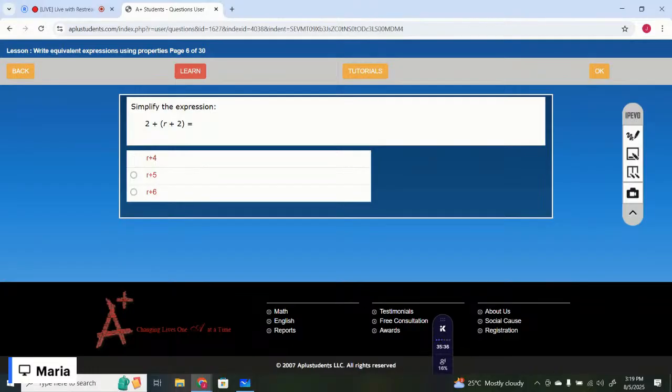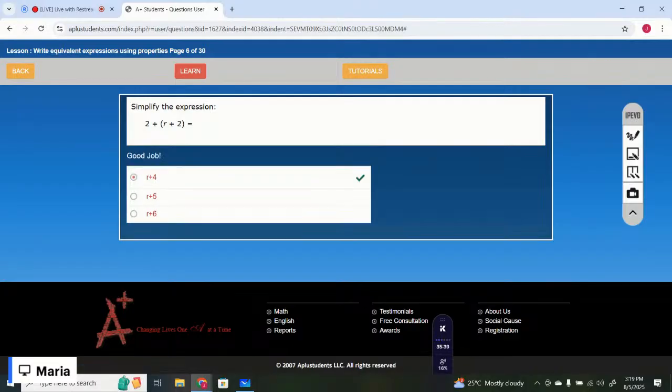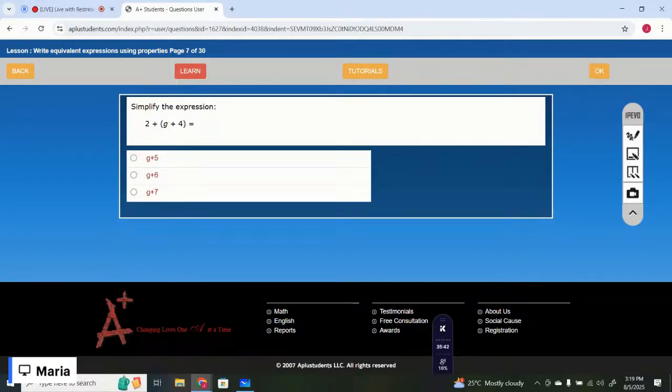Option number 1 is the correct option. Simplify the expression 2 plus g plus 4. That is g plus 6. Option number 2 is the correct option.